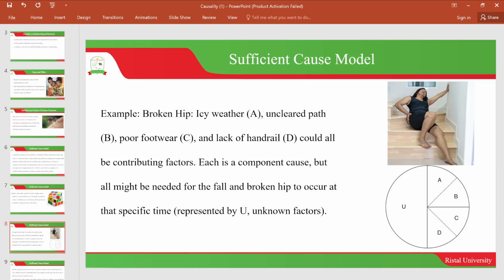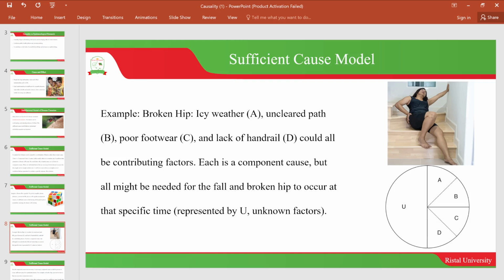So in this example, we are saying that if a person is moving and then they slide and fall, there are several issues that you can point out that could have caused this. You think about the floor being slippery, and you can think about the weather being icy. You can think about not having rails. You can think about the path not being very clear.